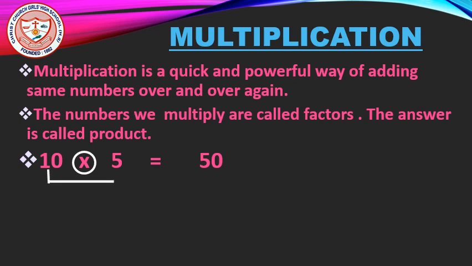Now, the numbers that we are going to multiply, that means 10 and 5, are called factors, and the answer, that means 50 over here, is called product.